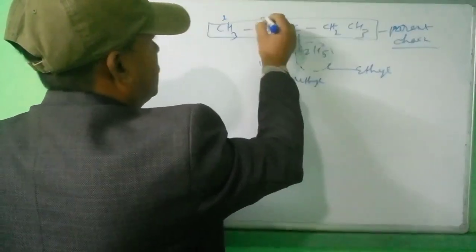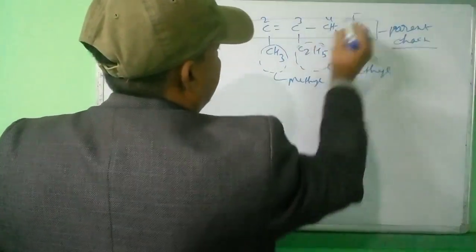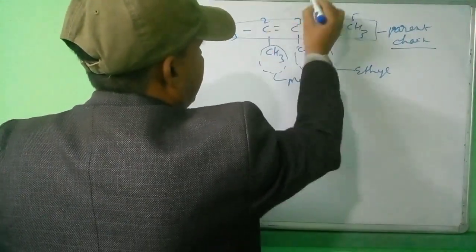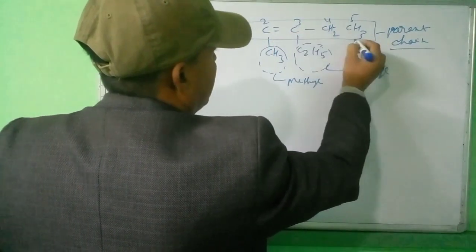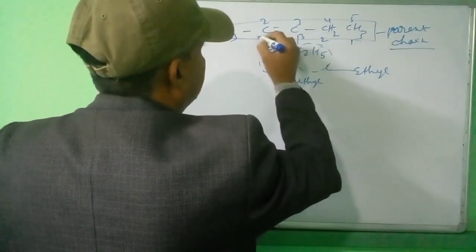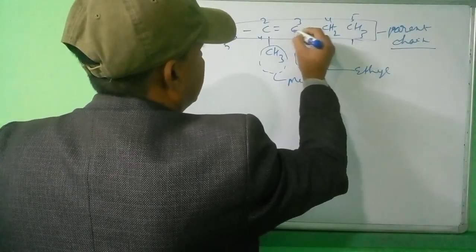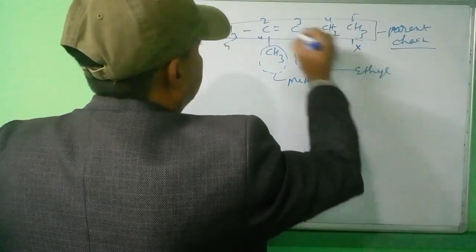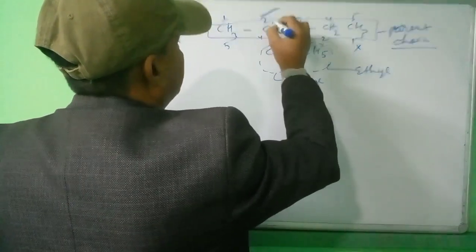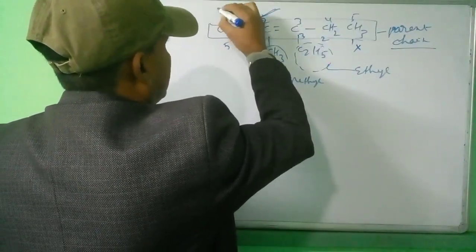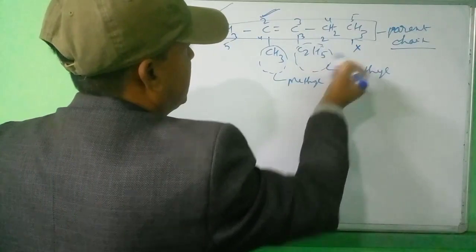So 1, 2, 3, 4, 5, left to right. Second carbon here is the first double bonded. Now right to left, 1, 2, 3, 4, 5. So right to left, your third carbon starts the double bond. So this is incorrect. Second is the first, lowest possible number. So this way is the correct way. Okay, right to left is the wrong way.